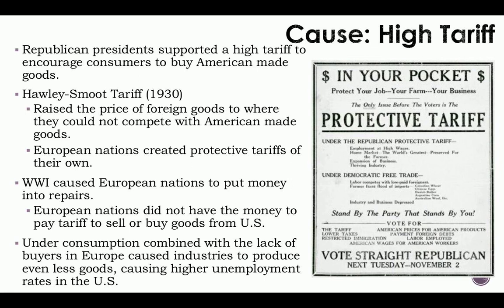This is going to raise the price of those foreign made goods to a point where they cannot compete with American made goods. They are made to be so expensive that no one can buy these goods. In retaliation to this, the European nations are going to create protective tariffs of their own. That's only fair.